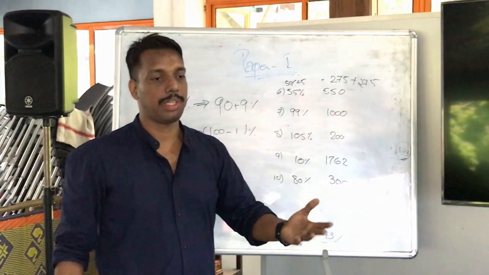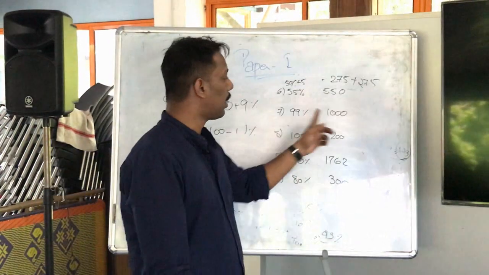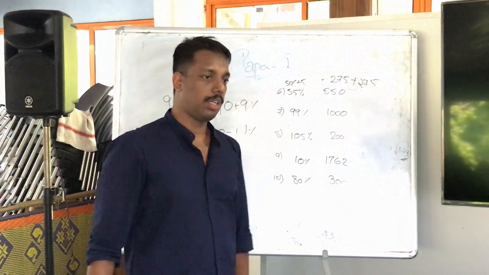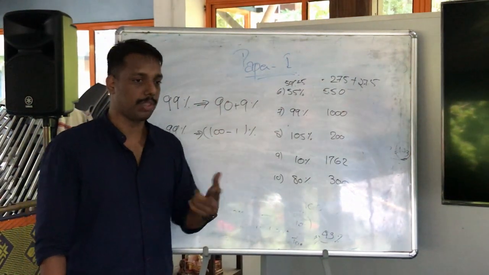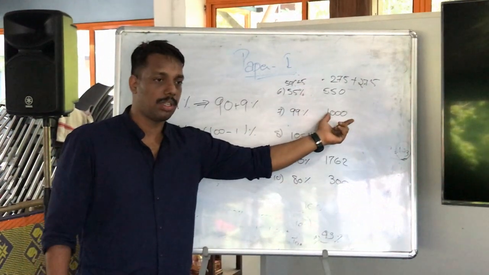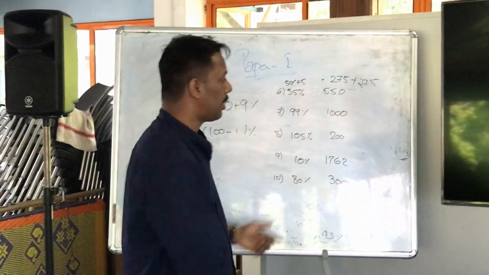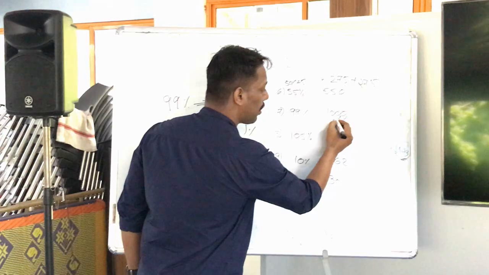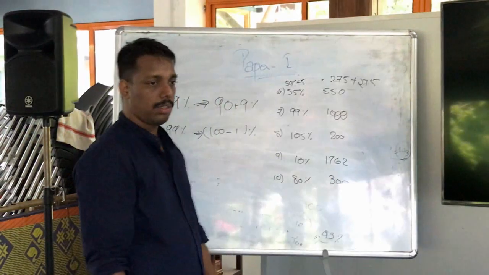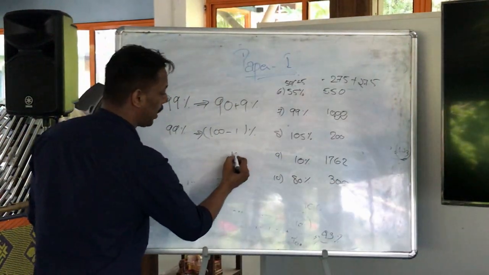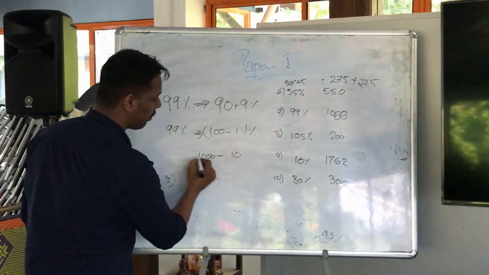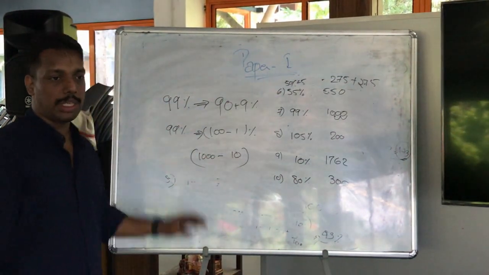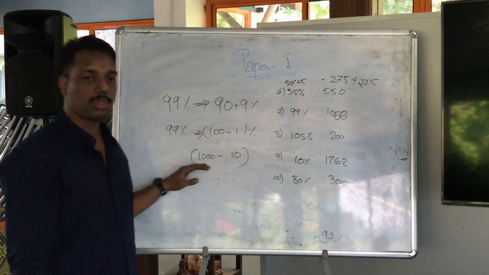What is 100% of a number? The number itself. What is 100% of 1000? 1000. Then from 100%, you have to subtract 1%. What is 1% of 1000? 1% is nothing but 10. 100% is the number itself. Which means, what is 99%? 1000 minus 10.